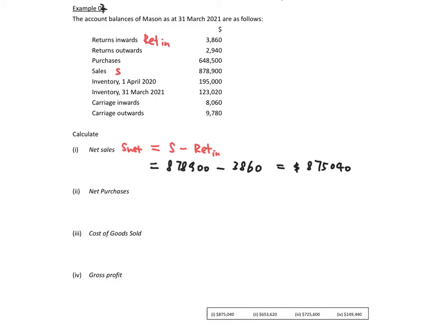And then we go to the next one, net purchases. For the net purchases, we have three items right here: the original purchases plus the carriage in, and then minus the return out. So purchases, return out and the carriage in.